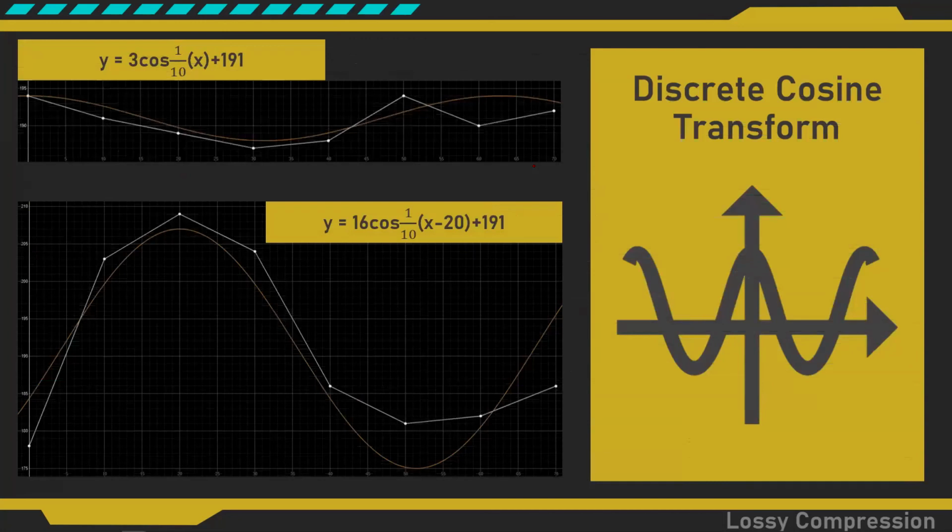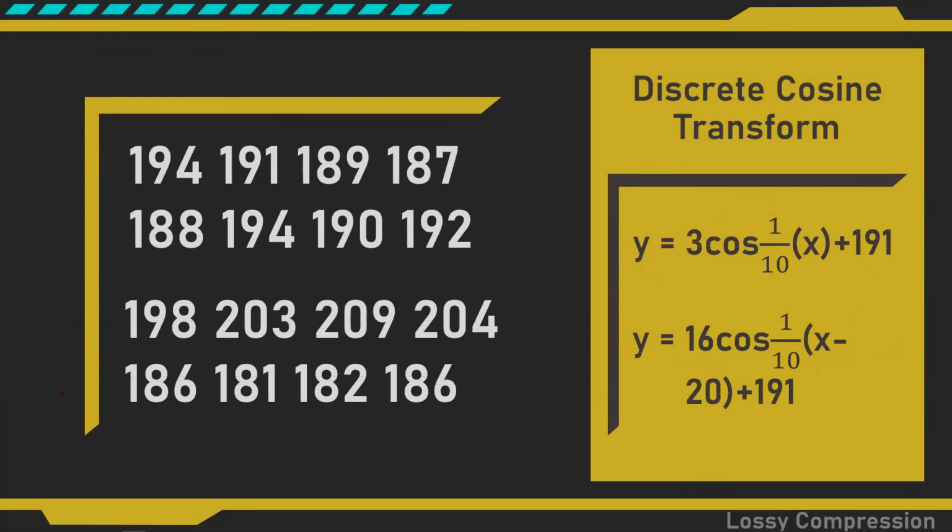In simpler terms, this graph is like saying to a computer, for this pixel, use this value, for the next pixel, use this value, and for the next 8 pixels, follow this cosine function thread and use its values. So again, we go from this many numbers to just two functions.